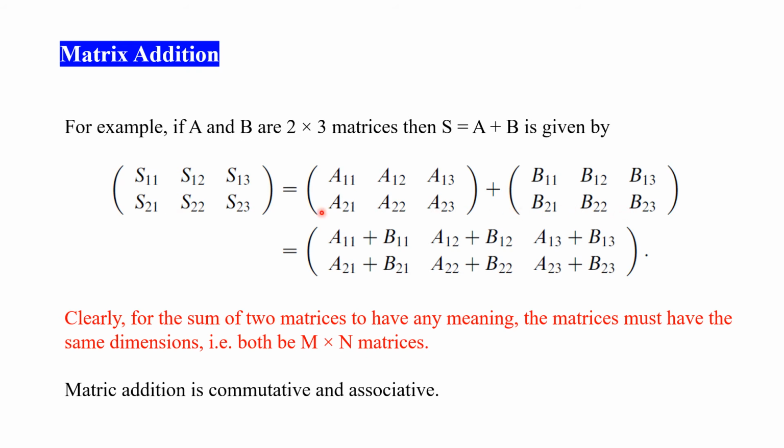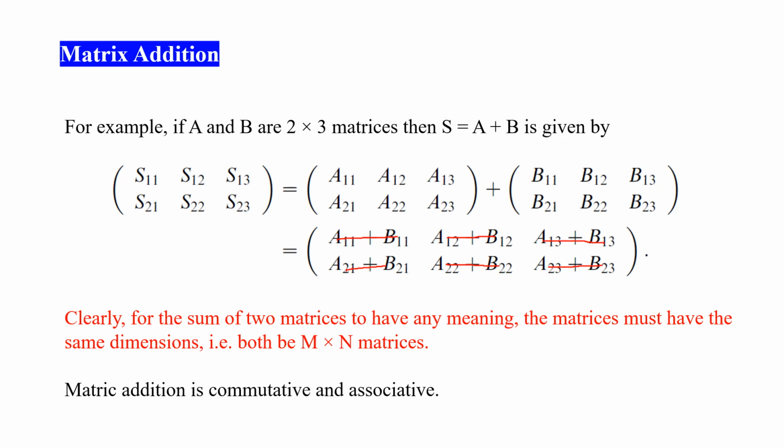And we add A23 with B23, and that will be our S23. So as you can see here, this is your S11, this is S12, this is S13, this is S21, this is S22, and this is S23.